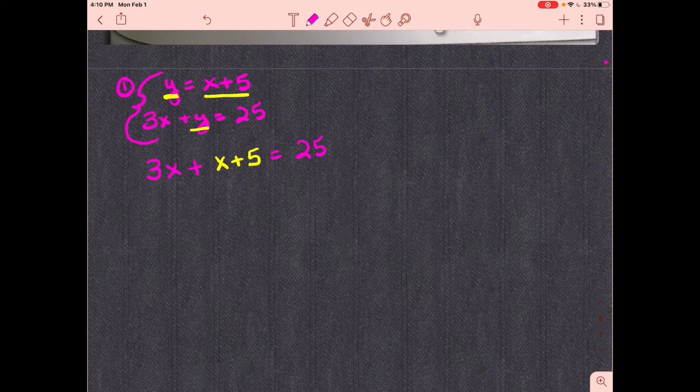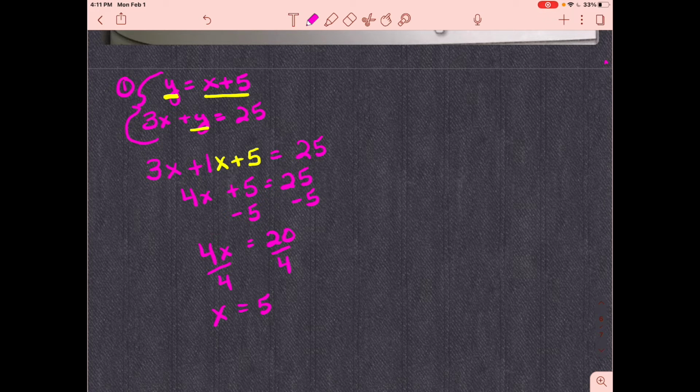All right, so now I'm going to combine like terms. I know that 3x plus x is 4x. I'm going to subtract 5 from both sides. Now I'm going to divide by 4. And I have x equals 5.